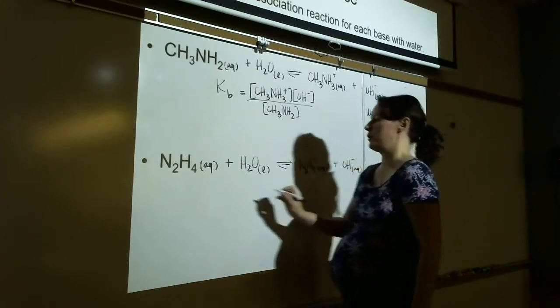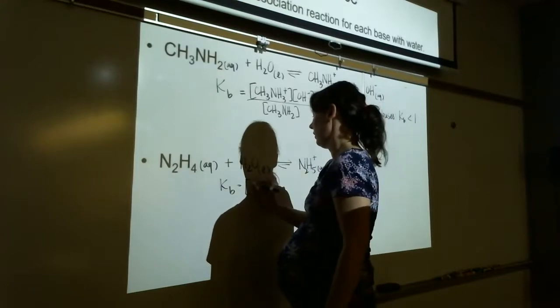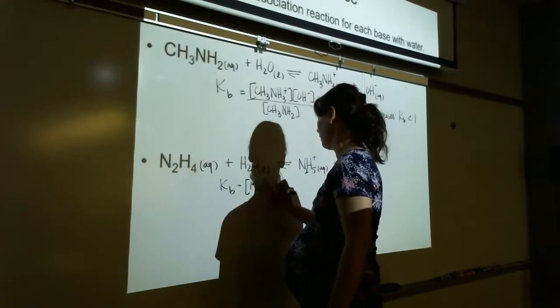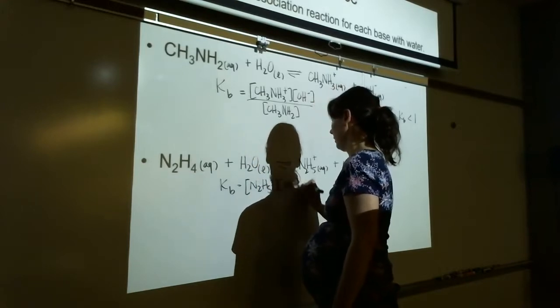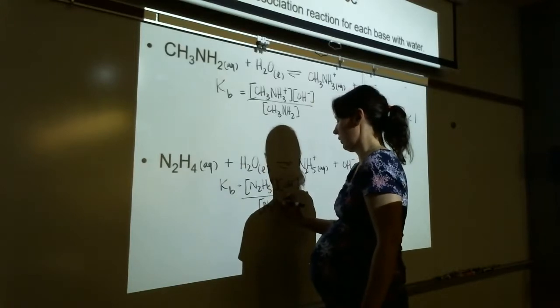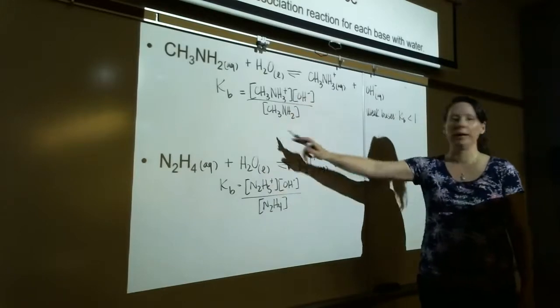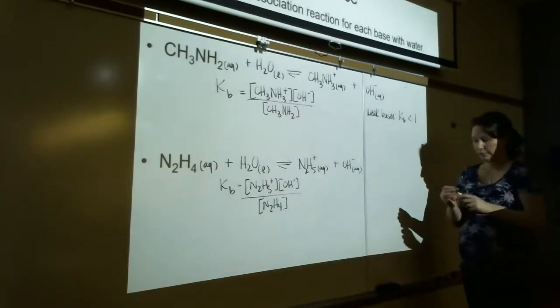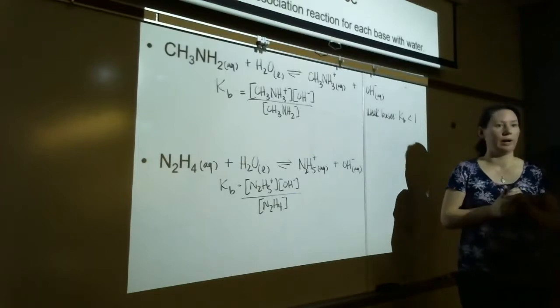And so the Kb expression here would be N2H5 plus times hydroxide over hydrazine, N2H4. Just like with acids, we omit the H2O, right, because it's the liquid.